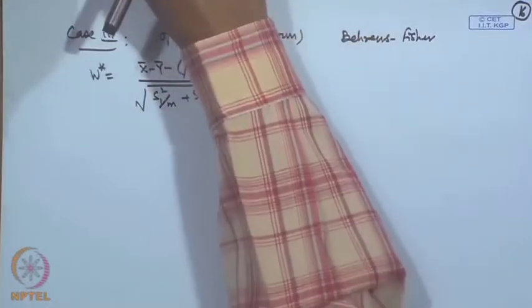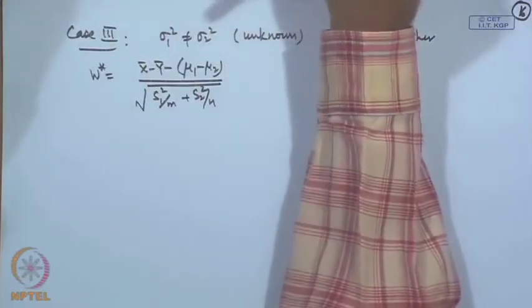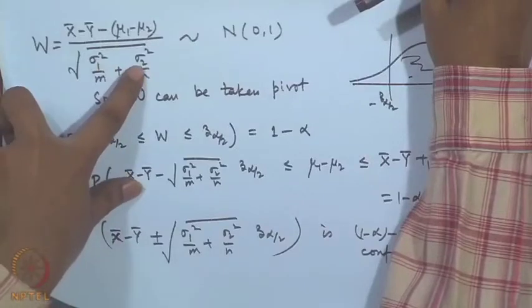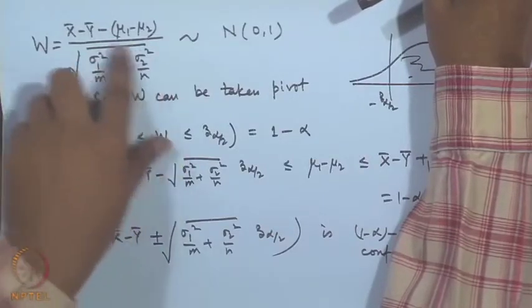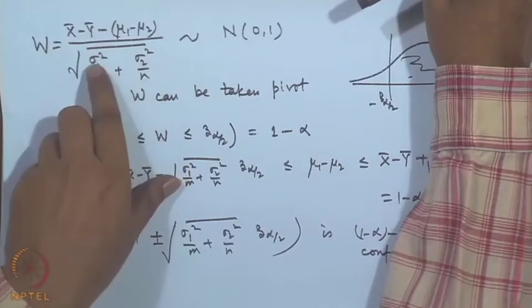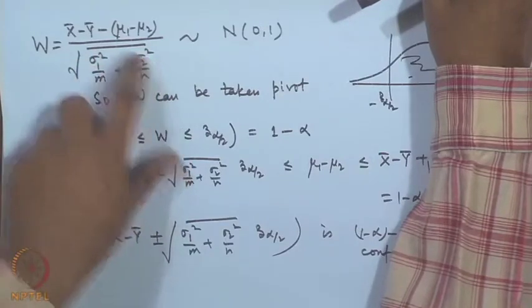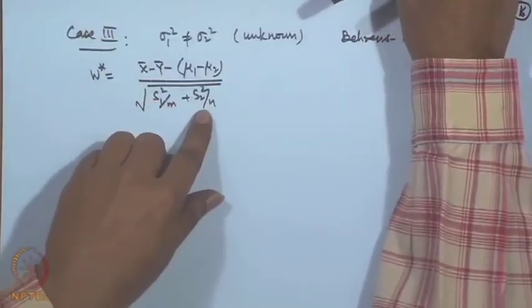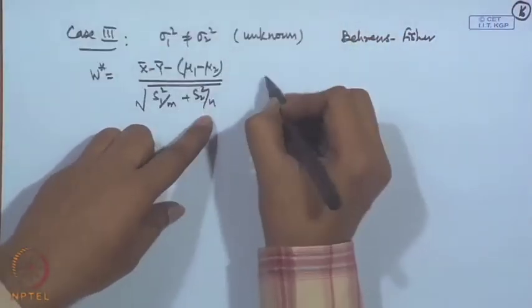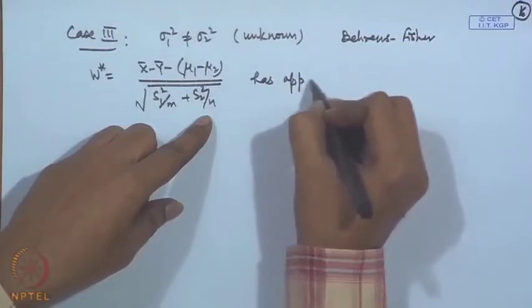If you see why this statistic has been considered, consider the case of known sigma 1 square, sigma 2 square. In that case, this was the statistic that we had considered as the pivot quantity. So, in place of sigma 1 square and sigma 2 square, we have replaced them by S 1 square and S 2 square.